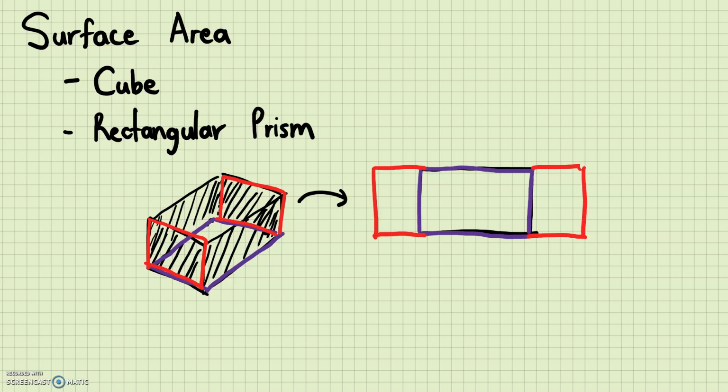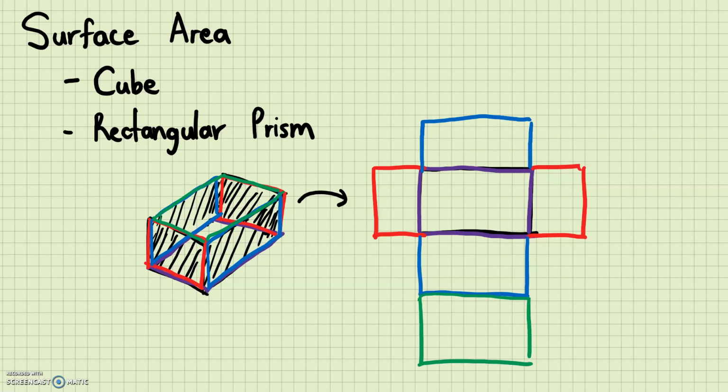And then the blue rectangle on this side and the blue rectangle on that side. They go like this. And then there's one last rectangle on top. The green one. So let me draw it like this.